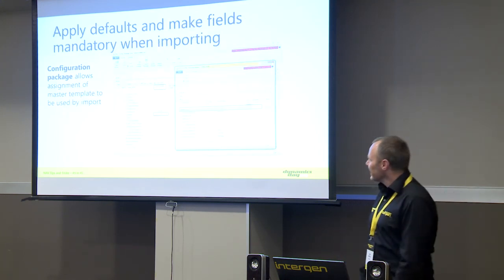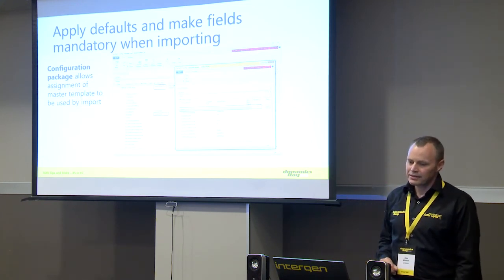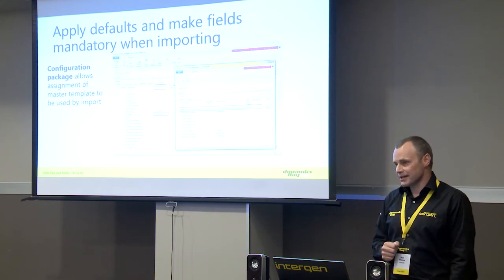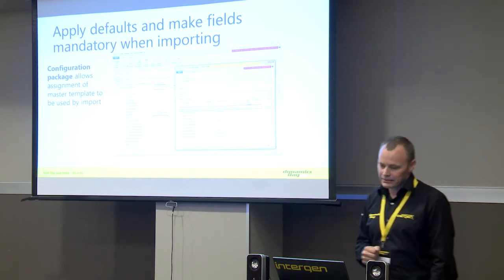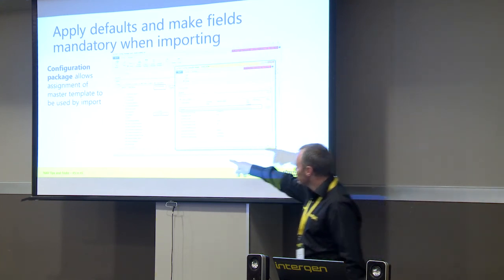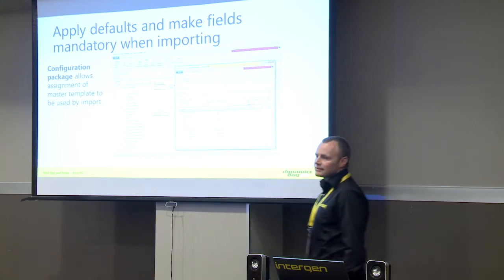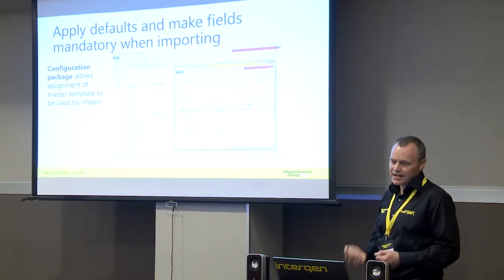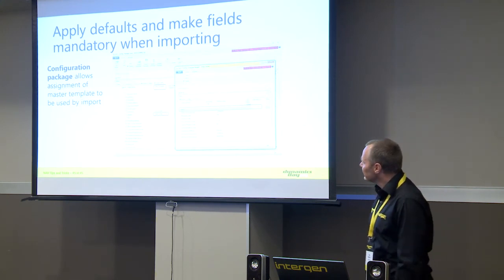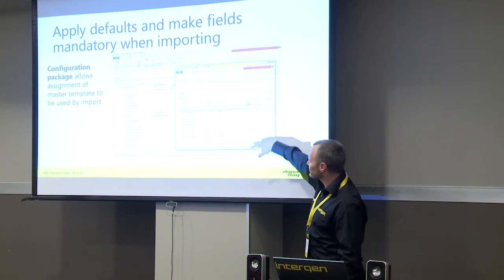And when I am importing using this tool, I can apply some of those master data templates to the data on the way through. So I've got a row there, it's a vendor table, and I've got one of my vendor master data templates containing some of those posting groups. Then within that template is what I'm showing here.